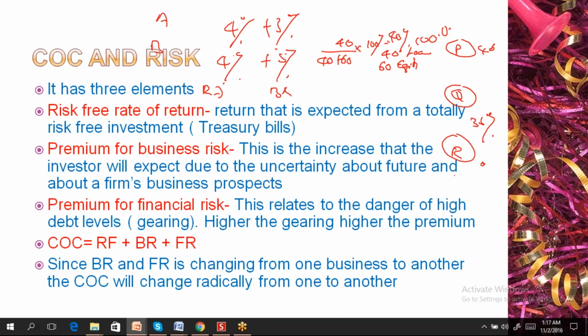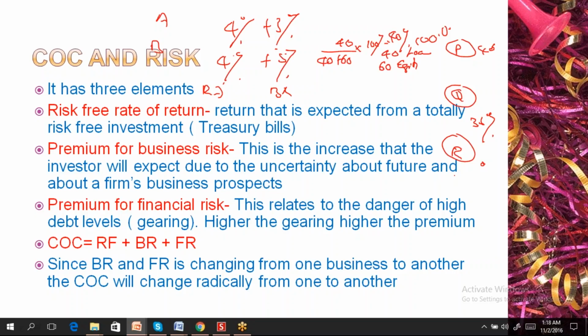So I want you to note down this one very carefully. What I'm trying to say is, higher the gearing, higher the risk for the shareholder. Because you have to wait. In company R, you don't have to wait because you don't have any outsiders.